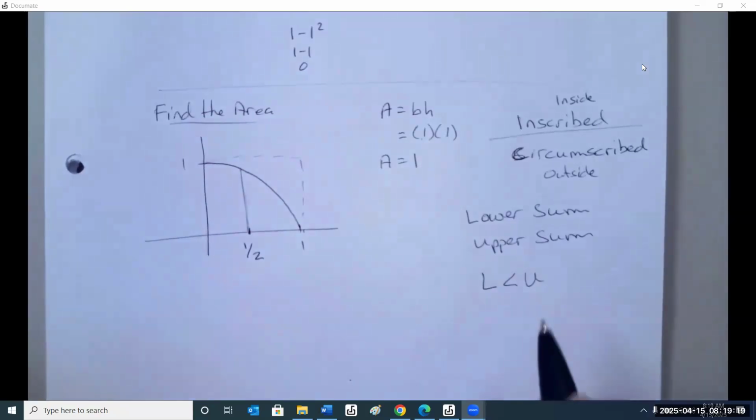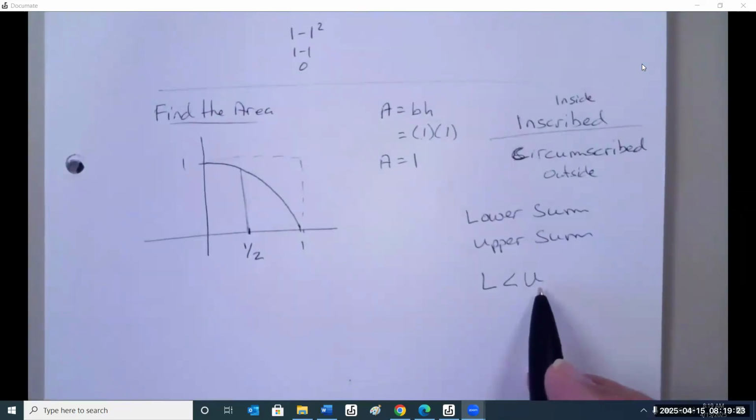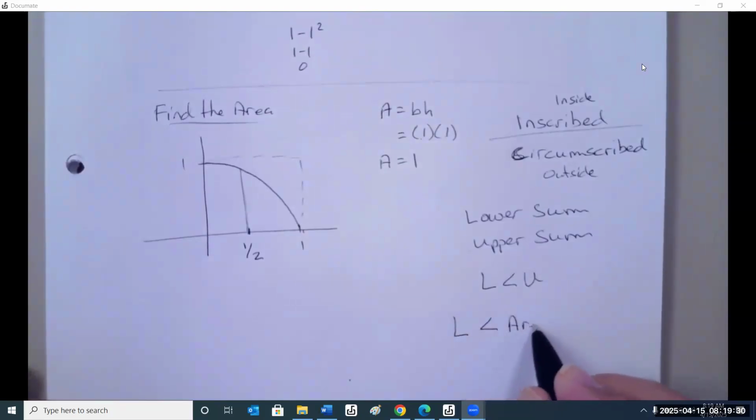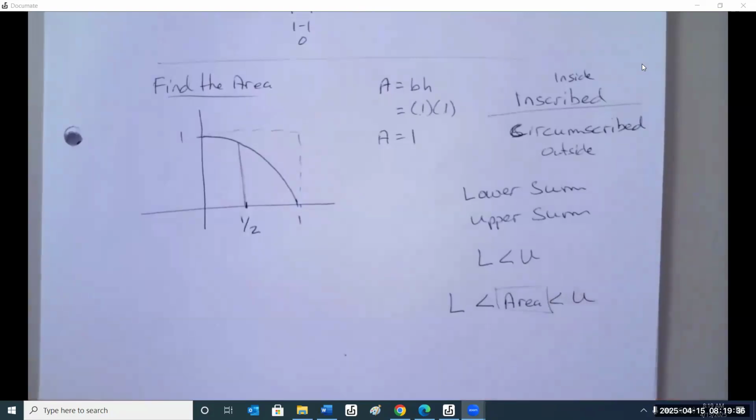But now since we're cutting it up, are these actual values? Are these the true values of the area? No. So we know our area will be between our upper and lower sum.